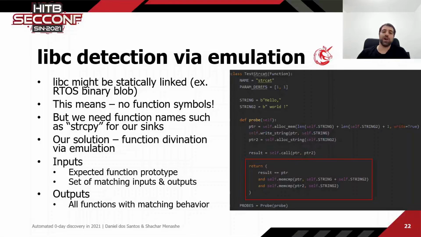writing two strings to two different variables, and then calling the function, whatever the function is, because we don't know what it is really. It just has to match a given function prototype.